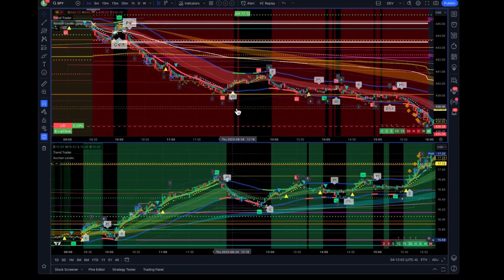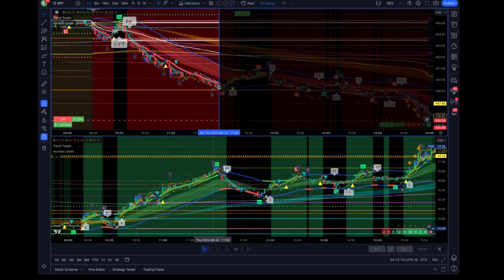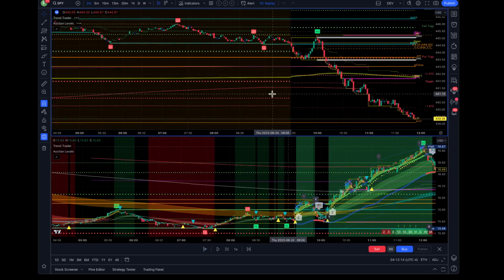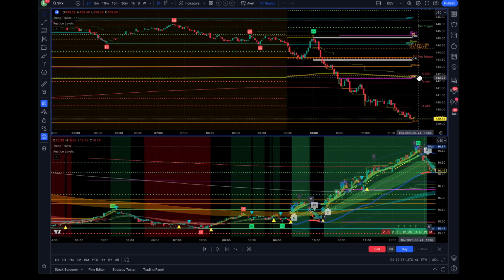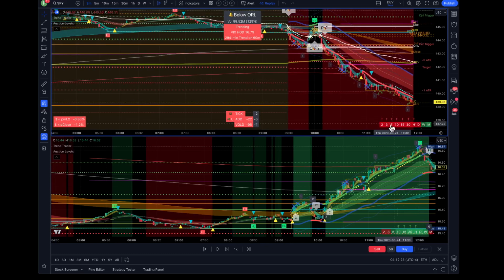So let's take a quick look here if we're going to do the replay, and we go to that time frame. Now we'll be able to see the higher time frames.